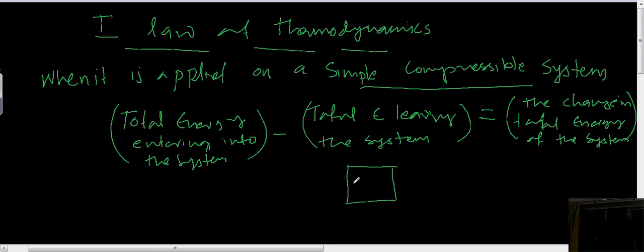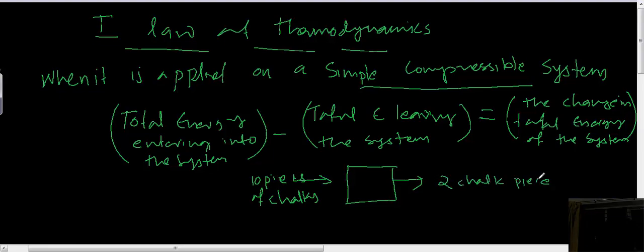Suppose there is a box, and suppose I put 10 pieces of chalk. This is equivalent to something that is coming into the system, and this is something that is going out of the system. Suppose two chalk pieces go out of the box. Now what is the change inside this chalk box? That is 10 minus 2, that is equal to 8. So that is the change that happened inside the box.